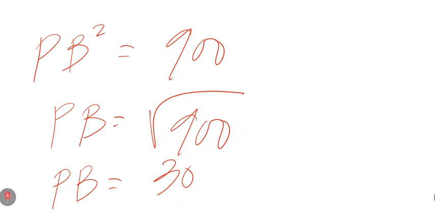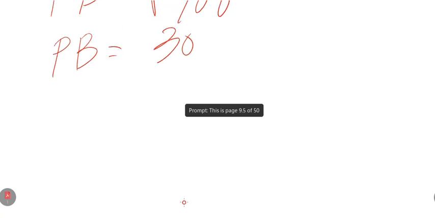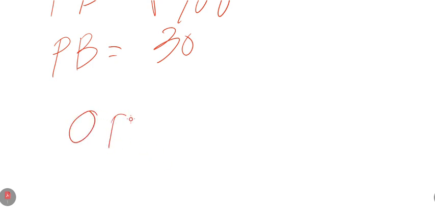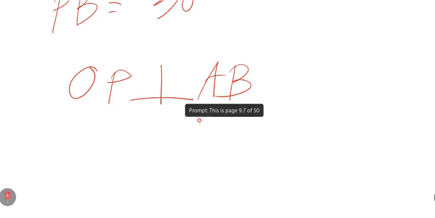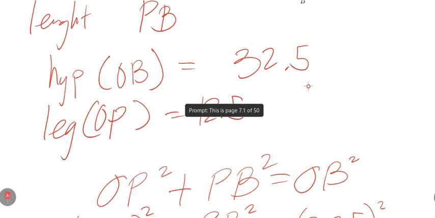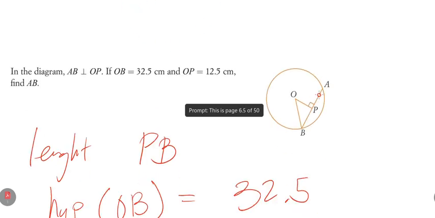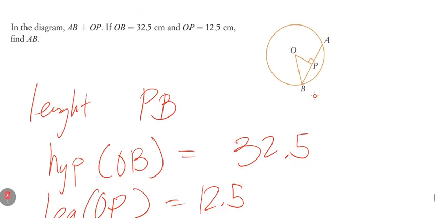Now, since we're going to find the length of AB, let's use this. Try to remember that OP is perpendicular to AB. Let's look at the figure one more time. We are able to find that the point P is the midpoint of AB.